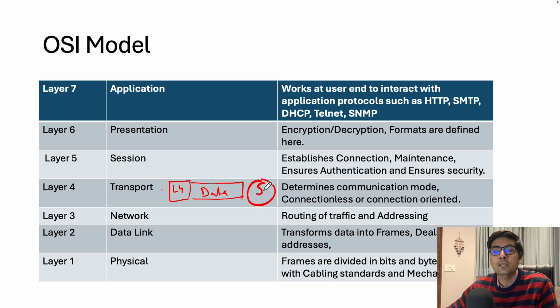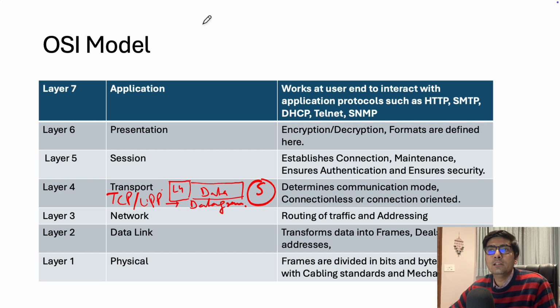Remember that. So segments will be used if you are using the TCP protocol, and if you are using UDP, in that case it will be datagrams. All right, so TCP or UDP. So these are very important protocols which work in the transport.